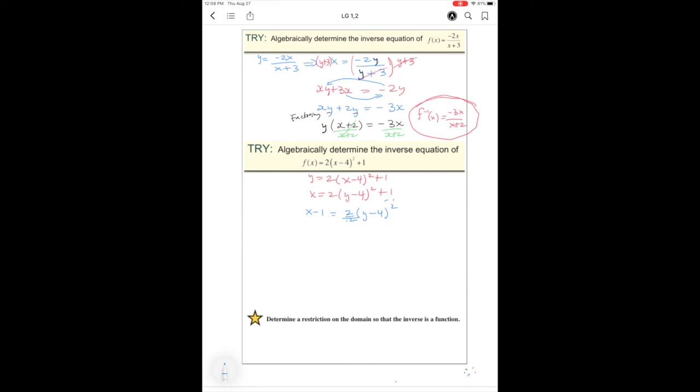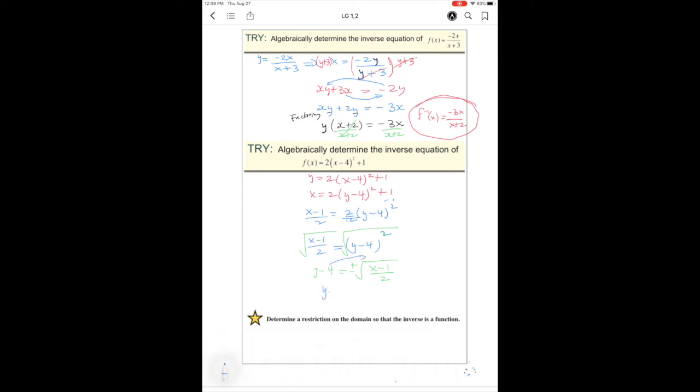And then we're going to divide by 2. Now how do we get rid of a square? To get rid of that, we square root. Don't forget the plus and minus, really, really important.